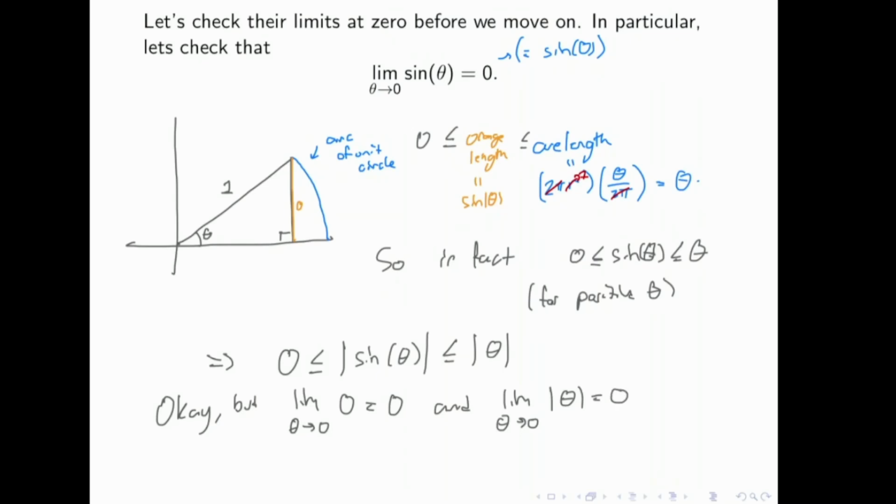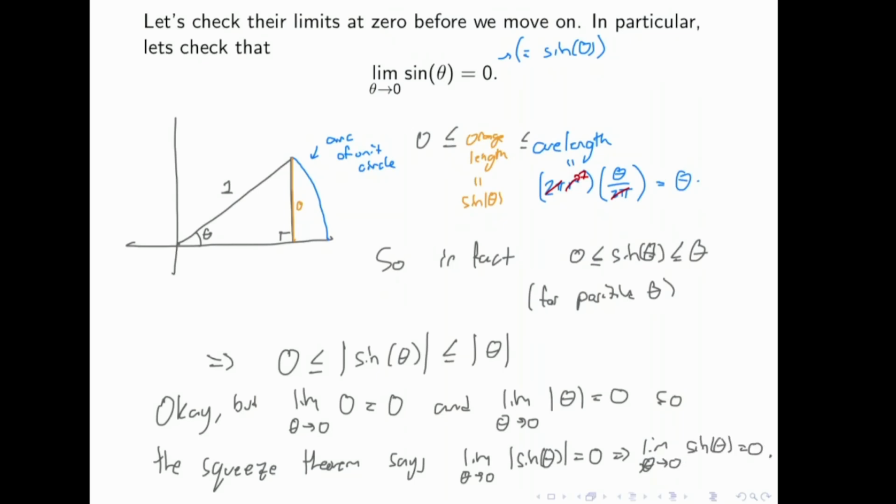We can appeal to the continuity of the absolute value there. So the squeeze theorem says the limit as theta goes to 0 of the absolute value of sine of theta is 0. But since that limit is 0, we actually also get that the limit as theta goes to 0 of sine of theta is 0. Note, I can't just take off the absolute values in general, but because this limit is 0, I can. If you don't like to do it this way, you can also do it with two-sided limits, and that's fine too. You have to use the squeeze theorem twice.